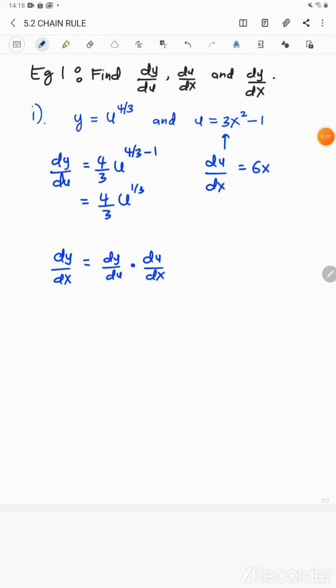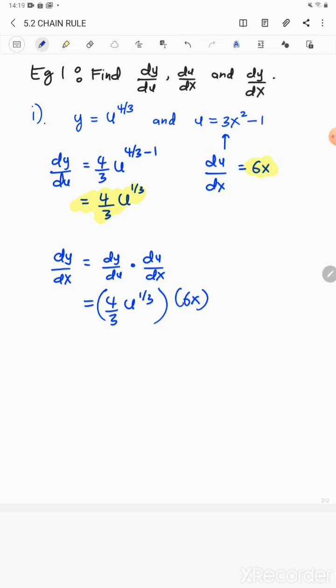Just substitute these two answers into the formula. So dy over du, we get 4 over 3 u power of 1 over 3, multiply with du over dx, we get 6x.